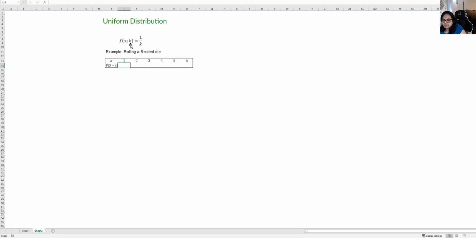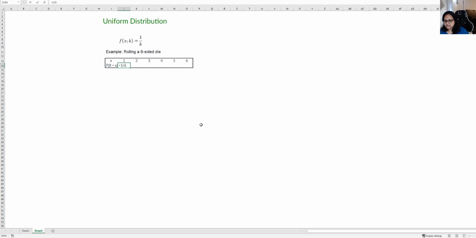You can see the functional form. It says that the function of that experiment would follow the uniform discrete distribution, and let's say the outcome could be 1, and the probability of the outcome would be 1 over how many outcomes there can be. K is the total number of possibilities.